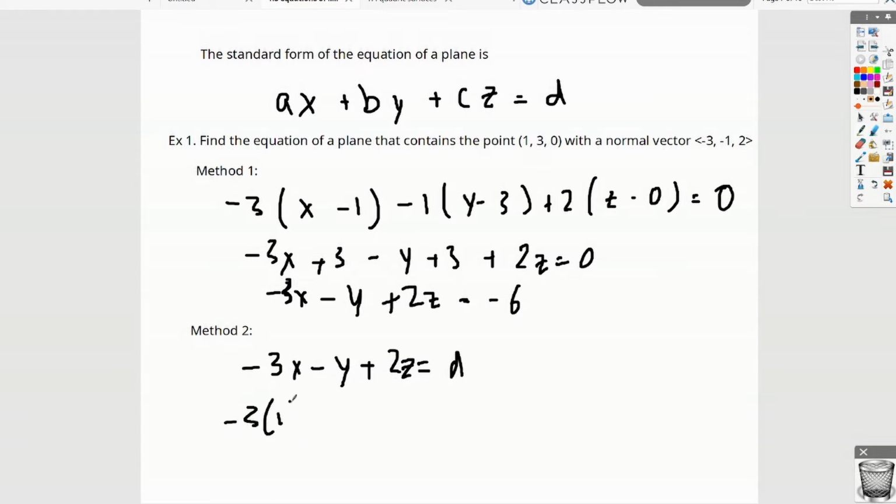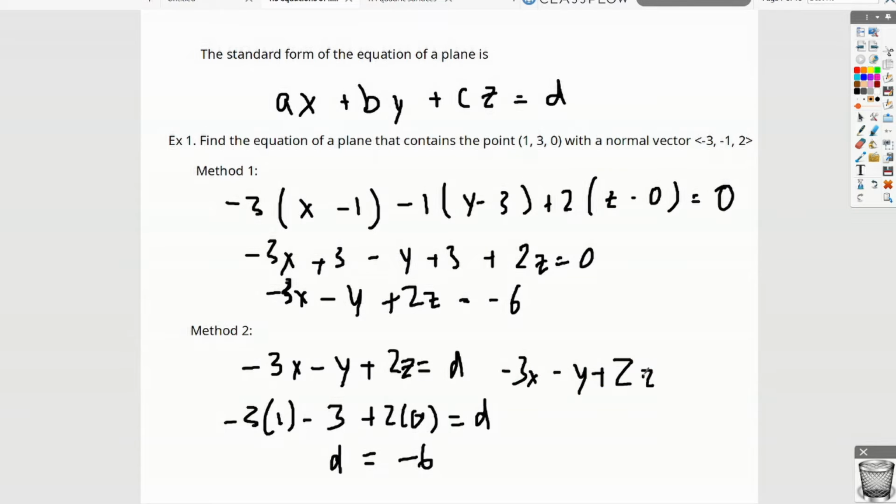So you have minus 3 times 1 minus 3 plus 2 times 0 is equal to d. And you don't have to simplify in my test, but you really should simplify. This is not that hard. d is equal to negative 6. So negative 3x minus y plus 2z is equal to negative 6.